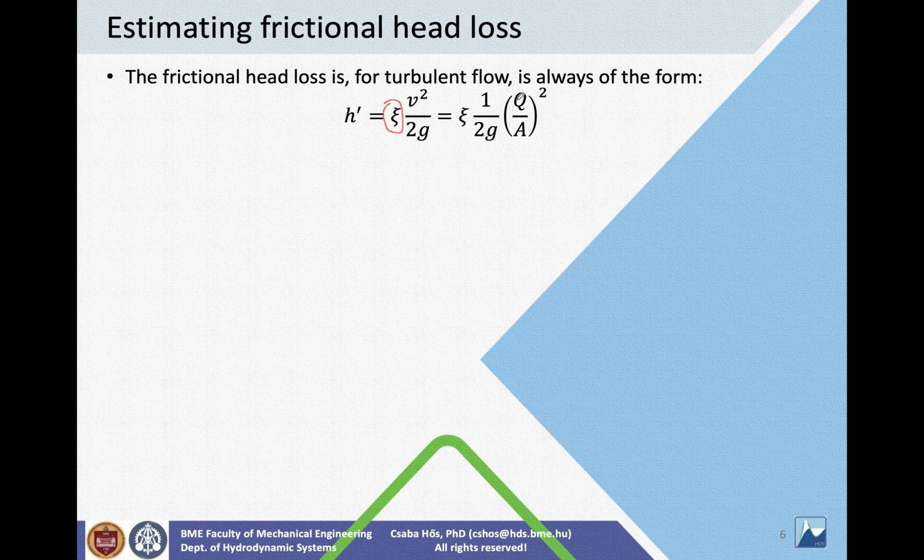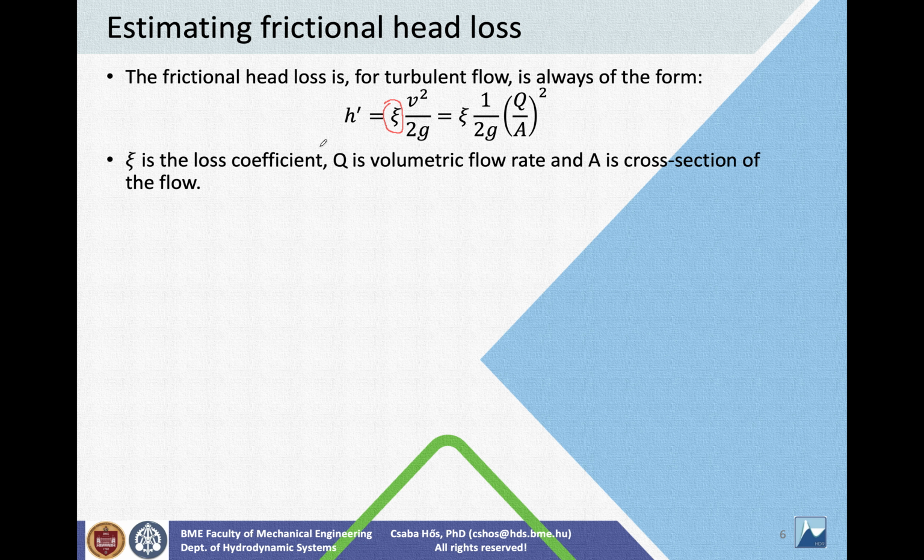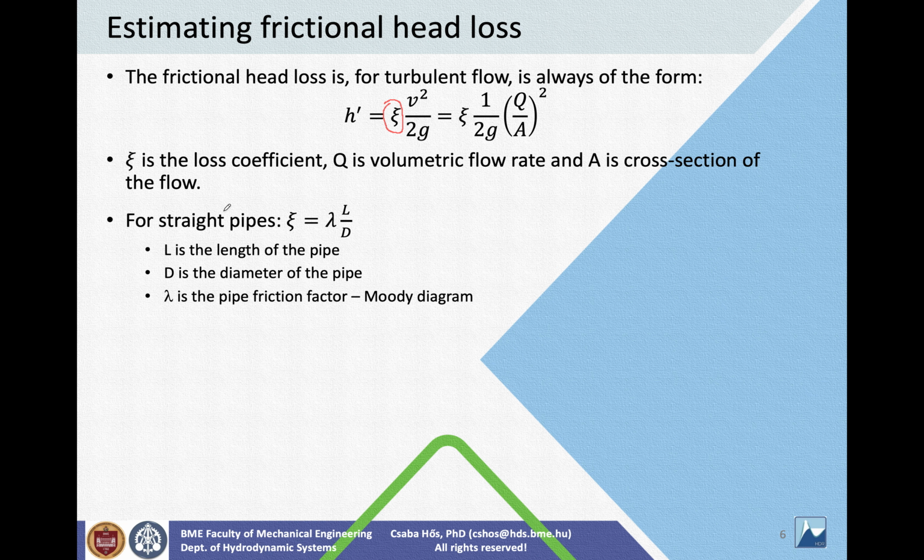The flow rate is usually what we know. Okay, so zeta is the loss coefficient, Q is the volumetric flow rate, and A is the cross-section of the pipe. Now for straight pipes, this zeta is lambda times L over D, L being the length of the pipe, D being the diameter of the pipe, and lambda being the pipe friction factor.